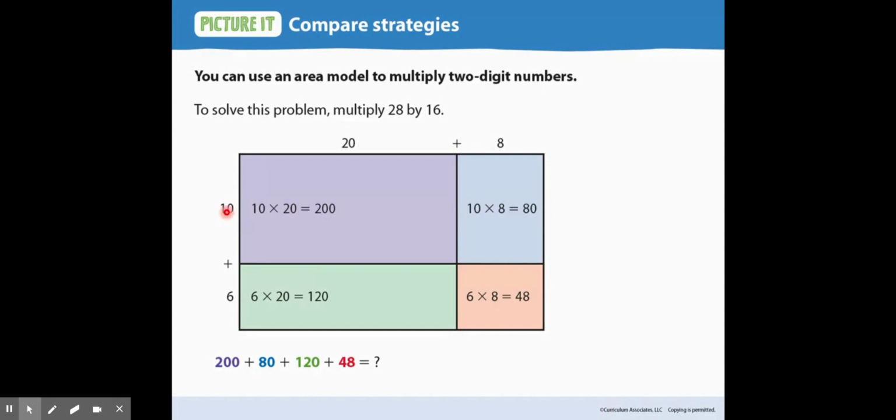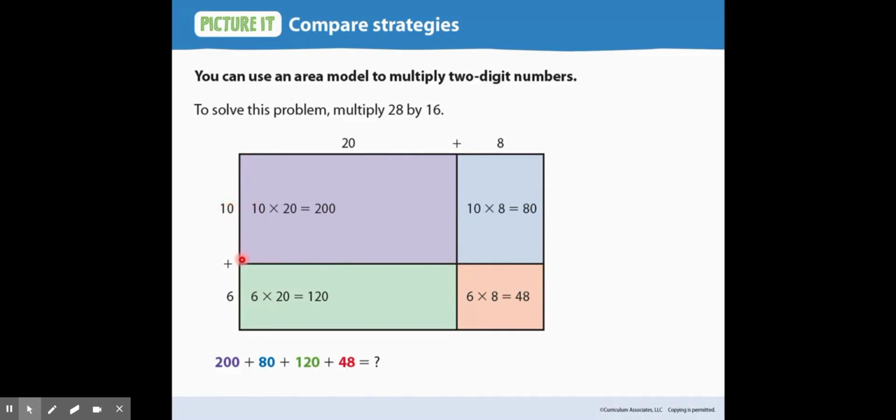Now we call this an area model because in order to find the area of a rectangle shape like this, what you do is you multiply the length times the width. So it's basically just making a picture of this multiplication problem where we're multiplying 28 by 16 and breaking them apart according to their place values.